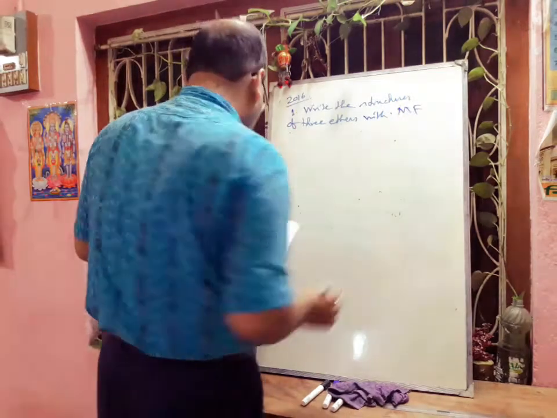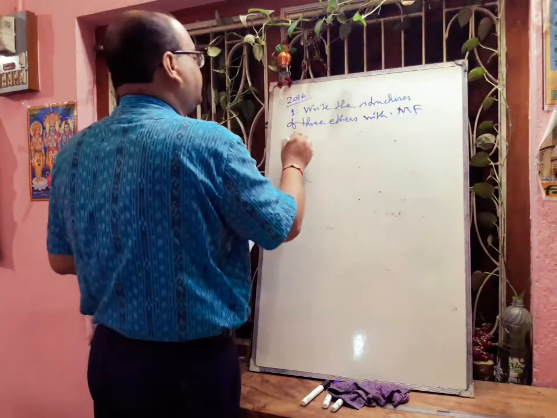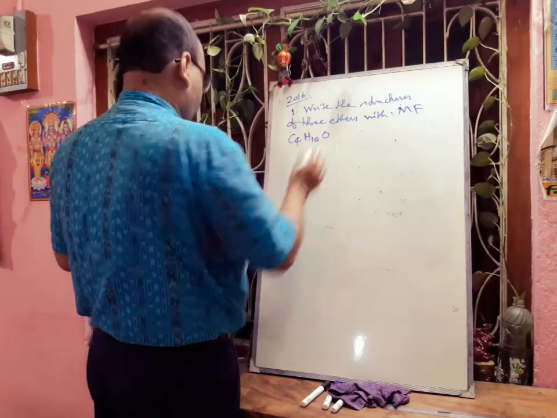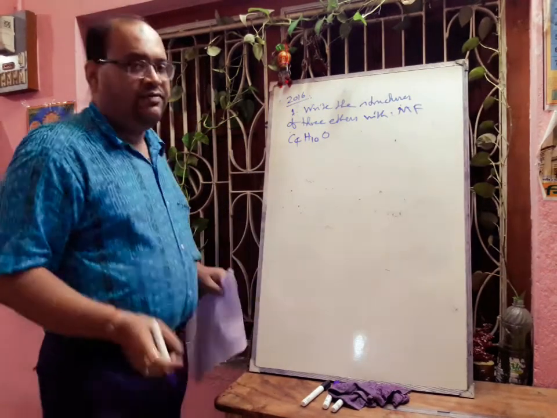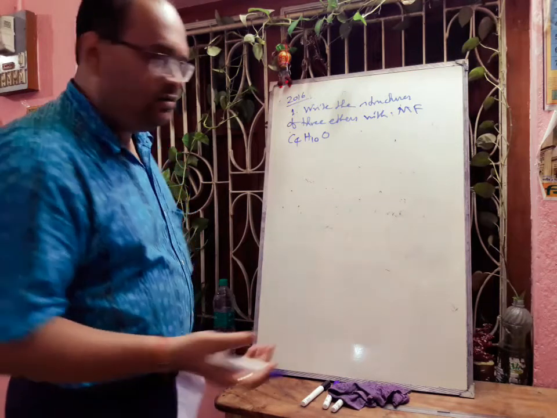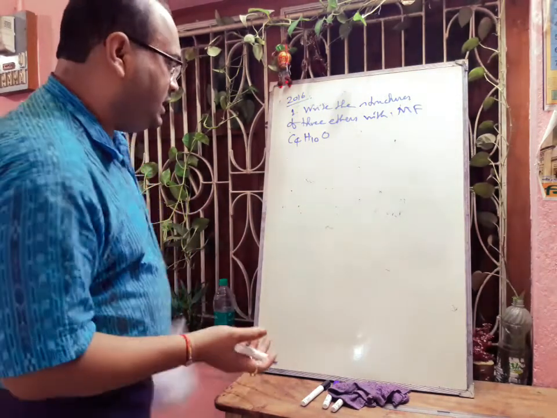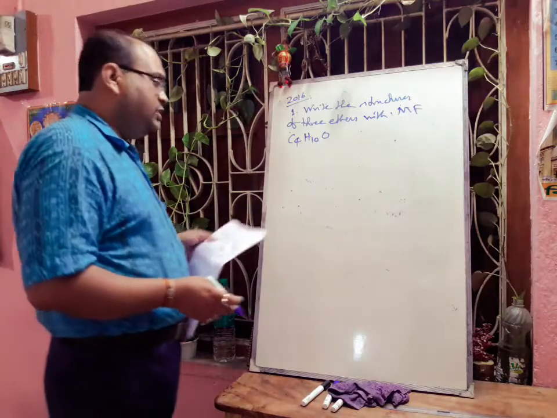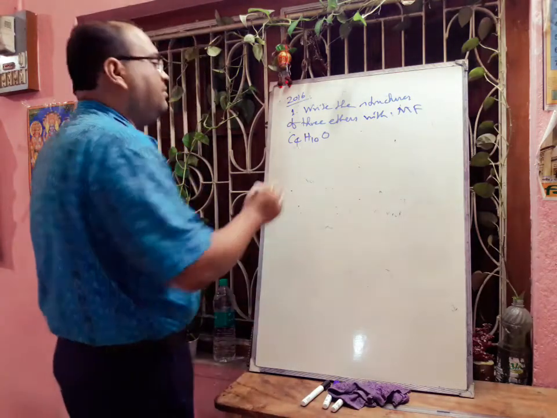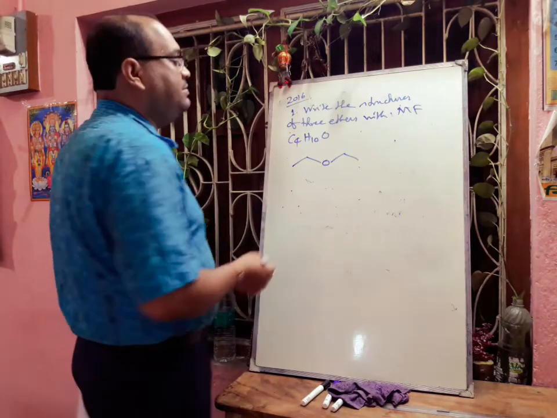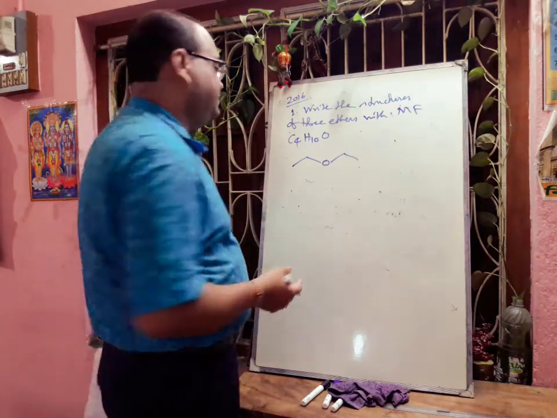I am writing C4H10O. So if we here calculate the double bond equivalent, no double bond is there. So in this case, all are ethers. First one will be diethyl ether, that means ethoxyethane.